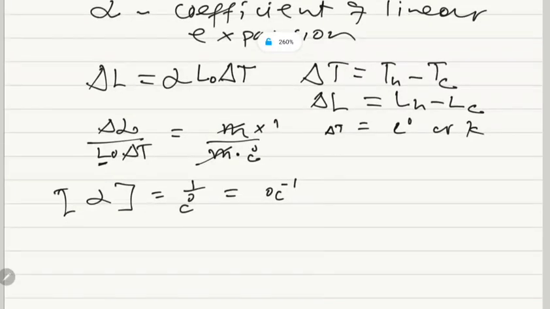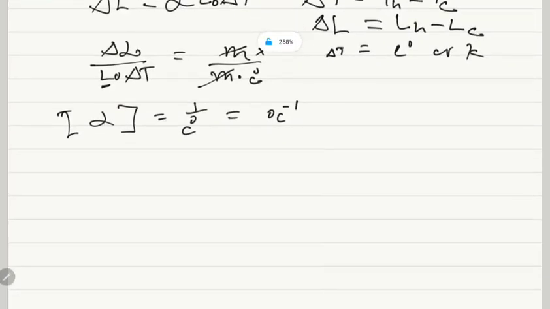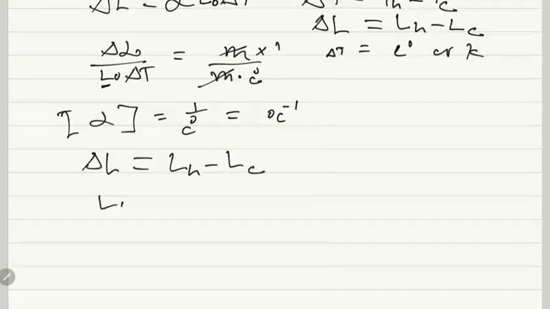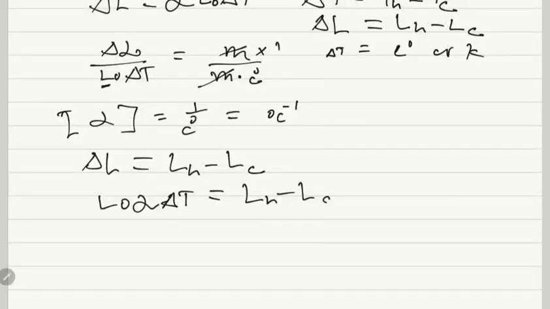So how do we find the expression for the final length? We have the change in length is equal to the length at the hotter minus the length at the colder. The same change in length is equal to the length at the colder times the temperature coefficient times the change in temperature. Remember, this L naught means the length at the colder.